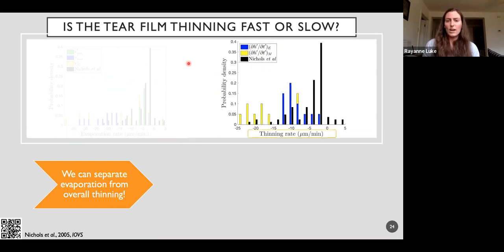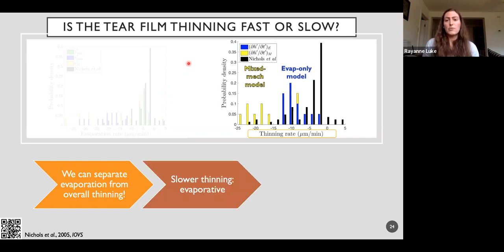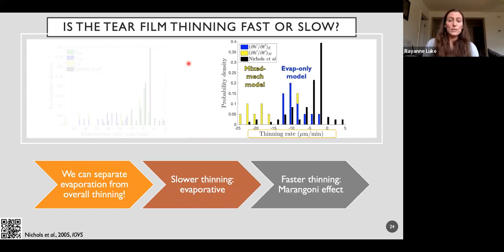And we see that there's a difference. There's a separation of the two, more or less. So when you add in the Marangoni effect, when it is a better model to fit with, you have slower thinning if it's evaporative, and you have faster thinning if it's Marangoni driven. So this is another way to tell which mechanism is dominating the thinning.